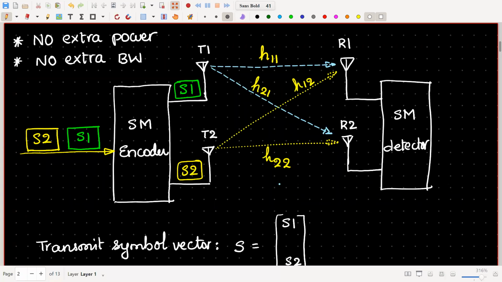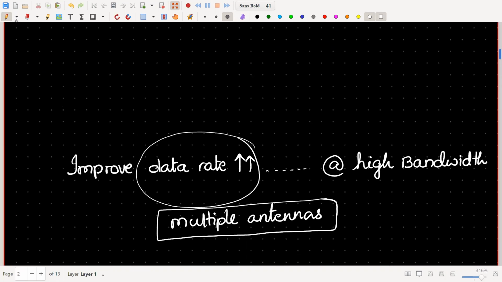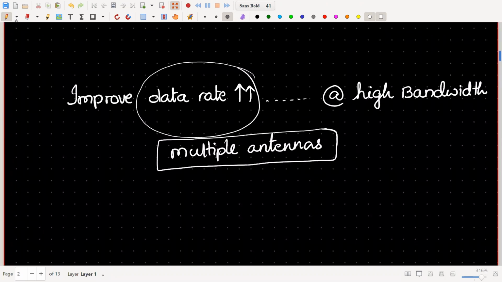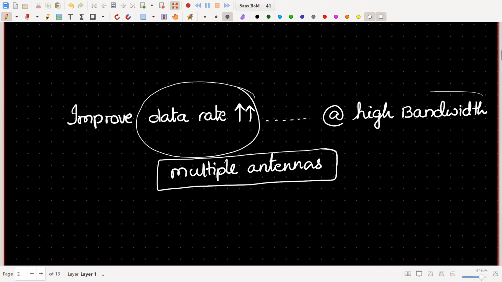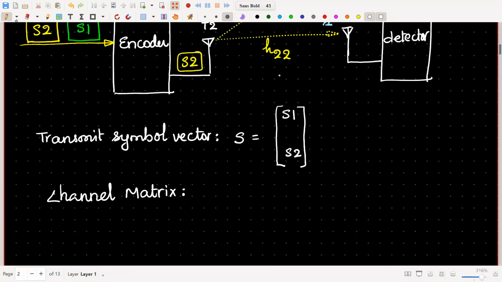So we understood that with the help of multiple antennas over fixed bandwidth, we can improve data rate. It doesn't mean that if I go for an infinite number of antennas, I can achieve high data rates. No, there is always a practical limit. You can't go beyond that. We will go to that in our subsequent lectures, not now.